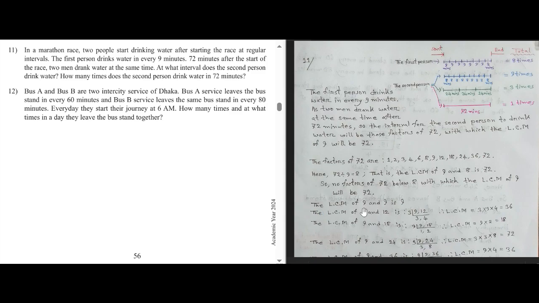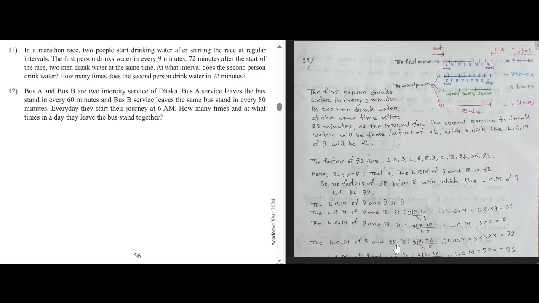So the LCM of 9 and 9 is 9. The LCM of 9 and 12 comes next, because after 8 the number is 9, and after 9 the number is 12. So we determine the LCM of 9 and 12, and the result is 36. The LCM of 9 and 18 is 18.